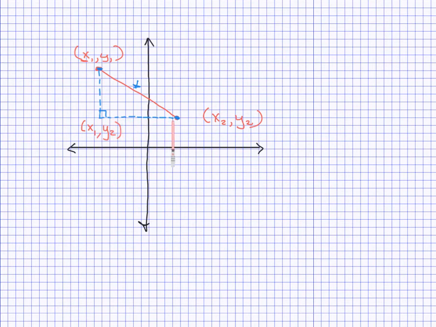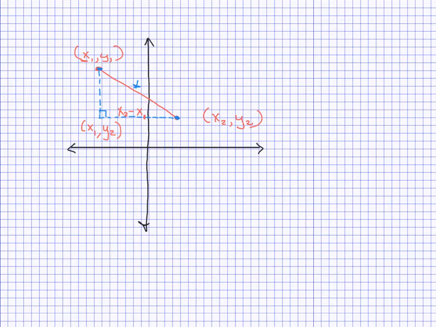I'm wondering if I could just subtract my x values to get the length of this horizontal segment here. I think that makes sense. x sub 2 minus x sub 1.